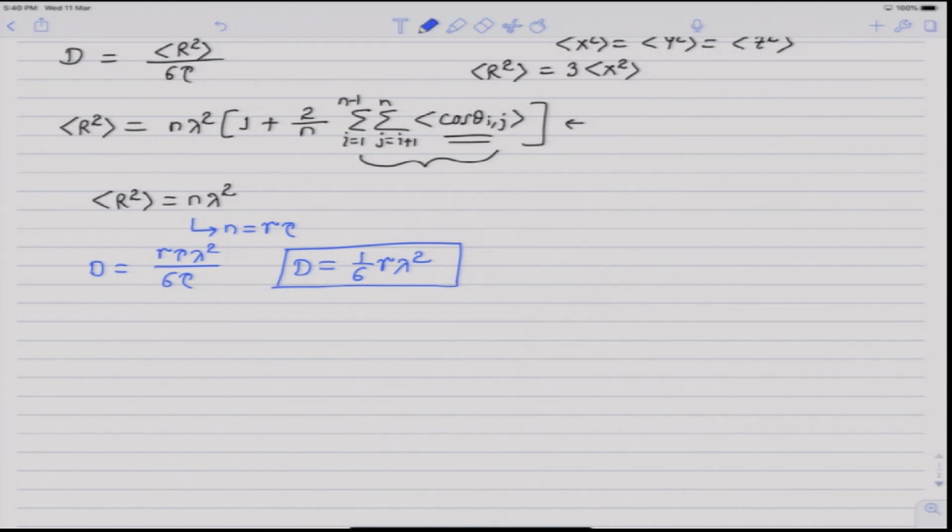So, this is the equation that we had already derived using the simple atomic jump model a few classes back.